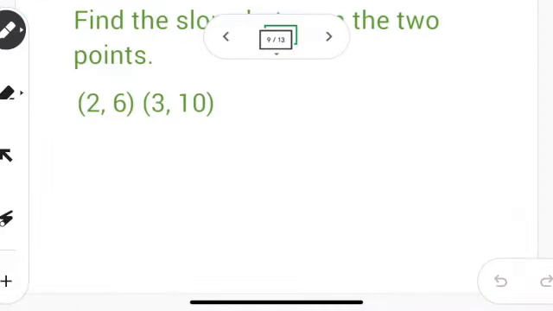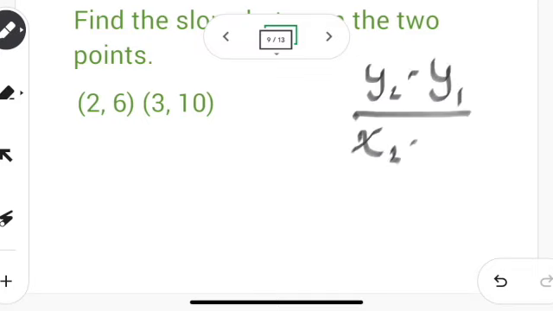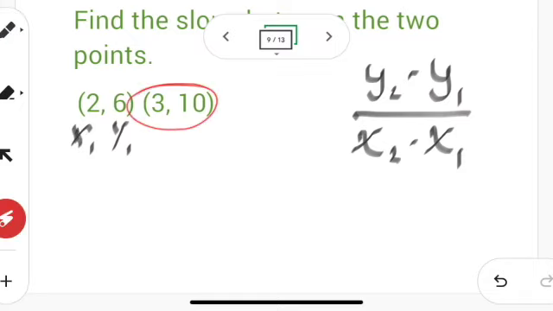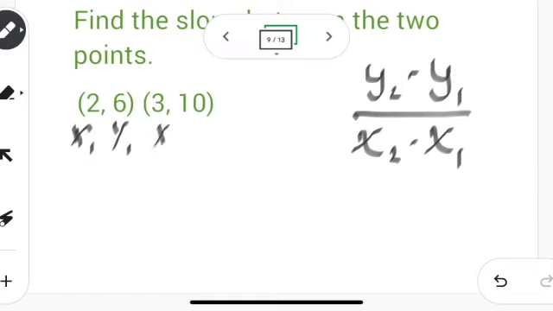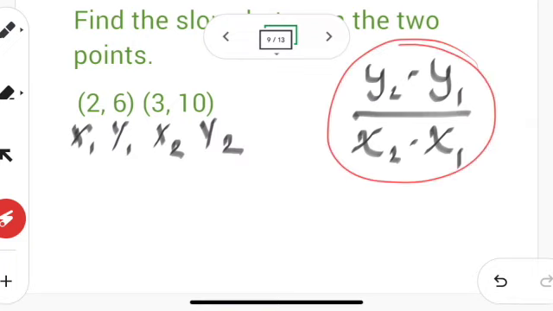So let's try another one, sort of work together. First of all, what's the formula for slope? It would be y2 minus y1 over x2 minus x1. And then let's label our points. This is my first set of points, so it would be x1, y1. This should be an x, there we go. And this is my second set of points, so it would be x2, y2. And then we just plug them into the formula.